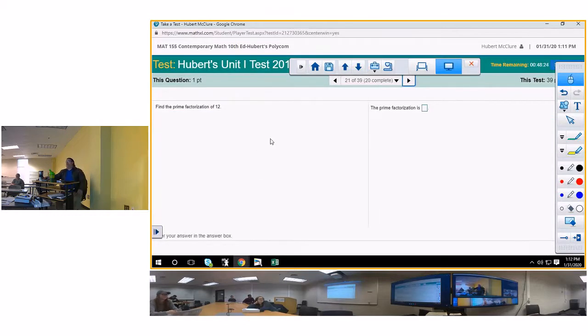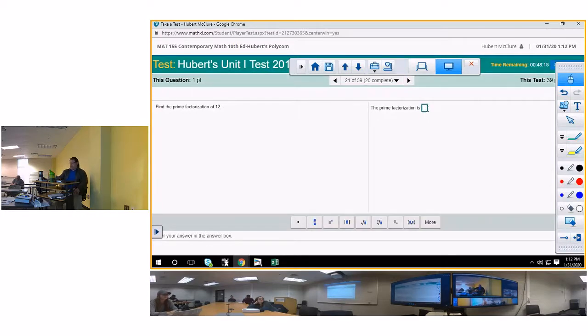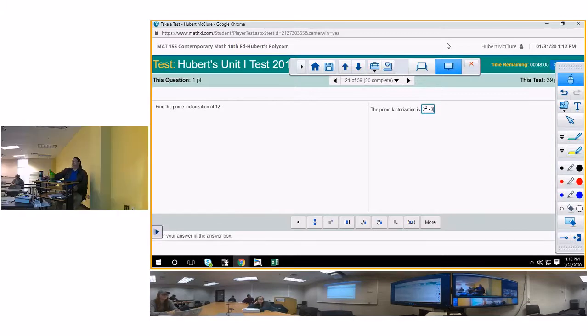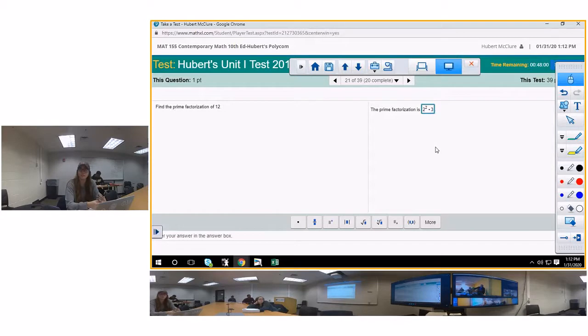Find the prime factorization of 12. What is it? 2 times 2 times 3. I don't know if they want 2 to the second power times 3. Would it be wrong if you entered 2 times 2 times 3?